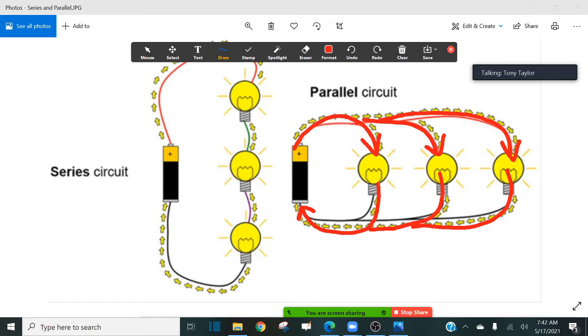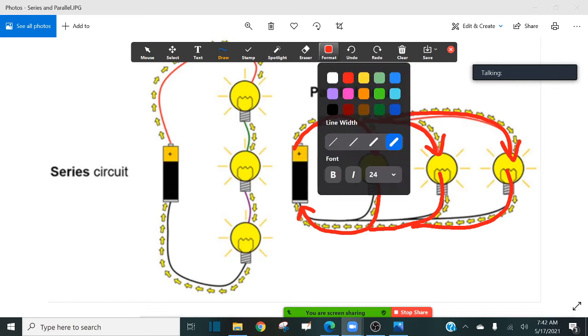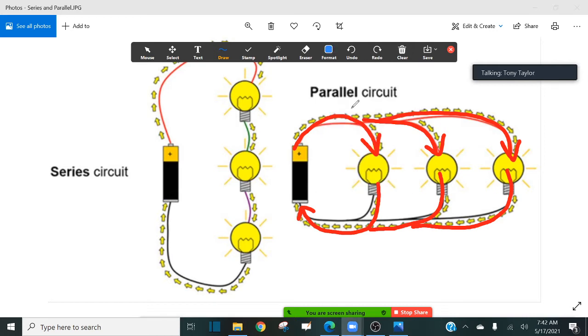Okay, guys, think about this for a second. Imagine one of these light bulbs was to blow out. So imagine this light bulb right here blew its fuse, and you eliminated the light bulb. Well, even though you blew the fuse on this light bulb, guess what? These light bulbs here are going to stay on. Why will they stay on?